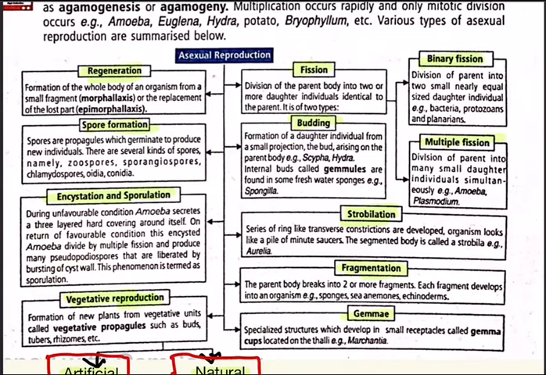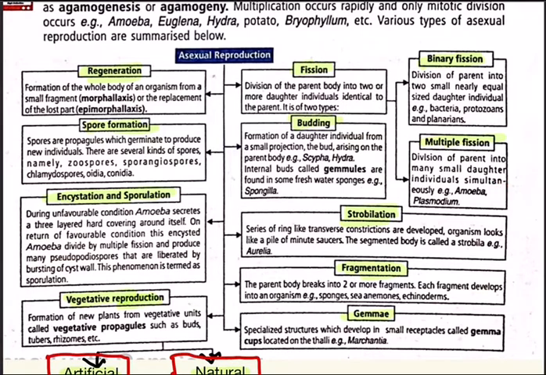If one parental body divides into many fragments and each fragment develops into another daughter cell, that means multiple offspring will be formed. Then we say multiple fission. It is a division of the parent into many small daughter individuals simultaneously.